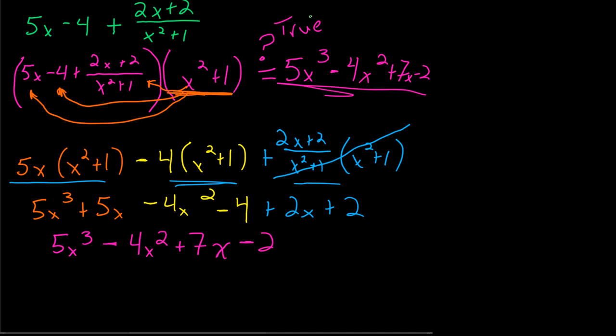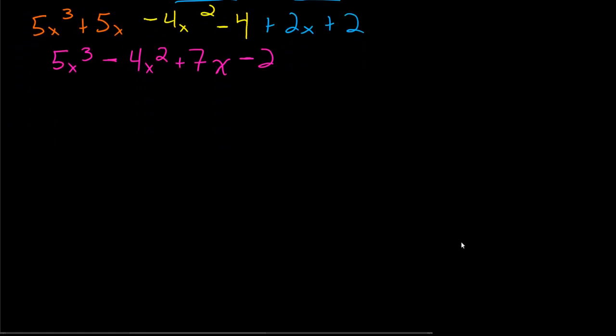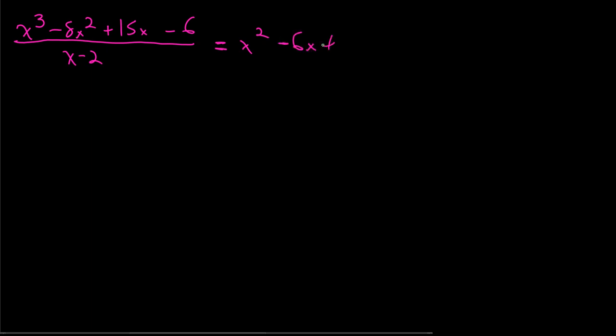Well, we can use this to look at how multiplications work together. So one of the things the book will ask you, it'll say, if I have the parts, if I have x cubed minus 8x squared plus 15x minus 6 over x minus 2, and I know that answer, I get x squared minus 6x plus 3.